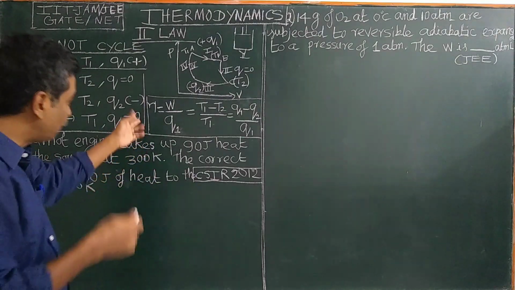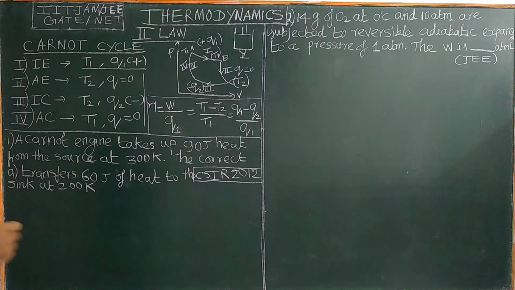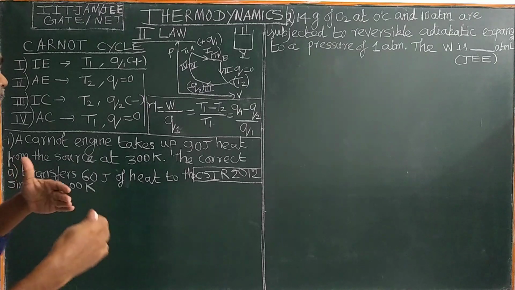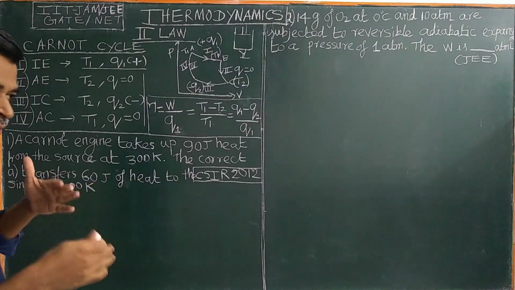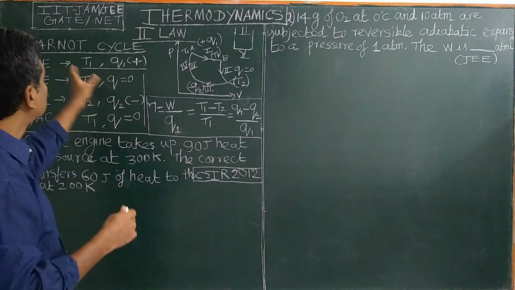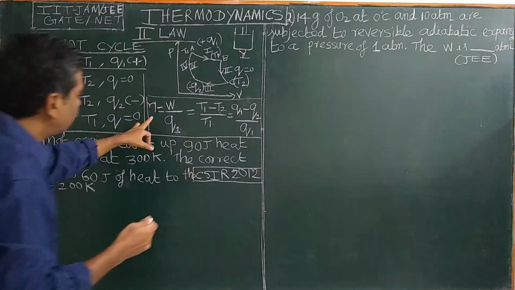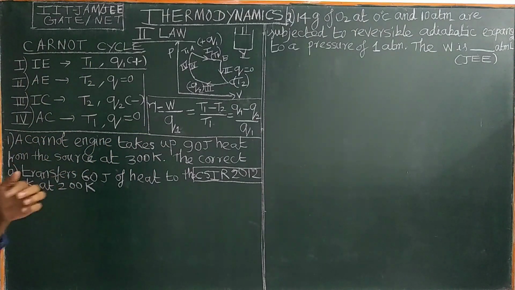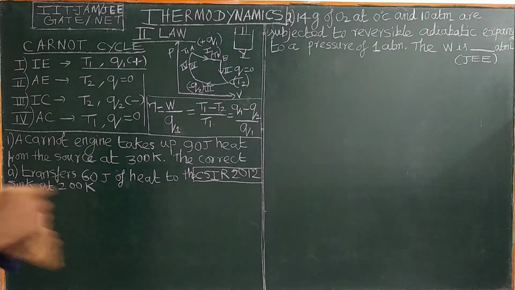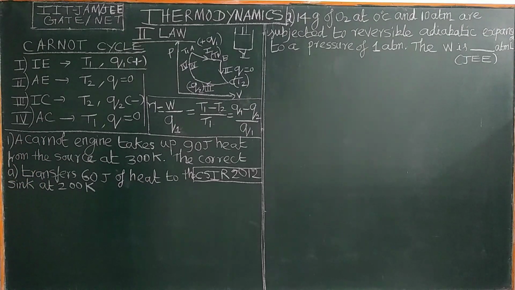The efficiency of a heat engine is always less than 1, it is not equal to 1. Based on this, the second law was proposed, because according to the first law, heat is converted into an equivalent amount of work.